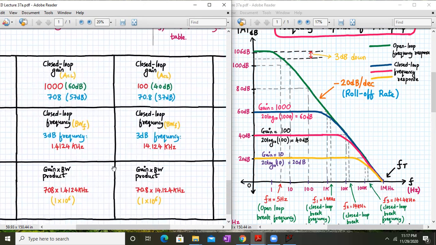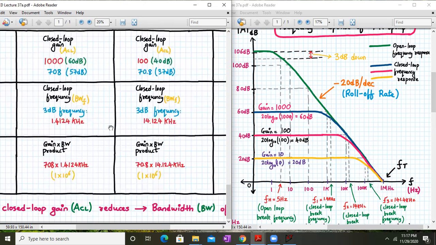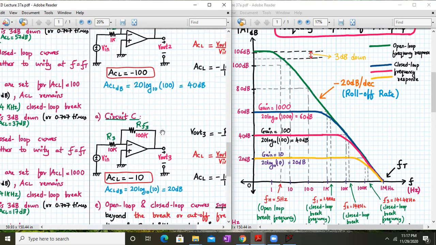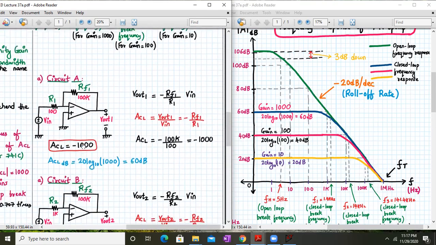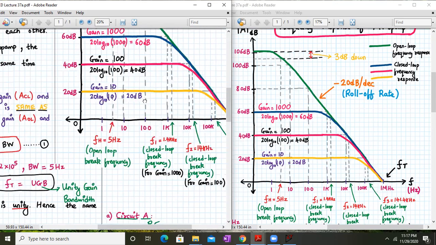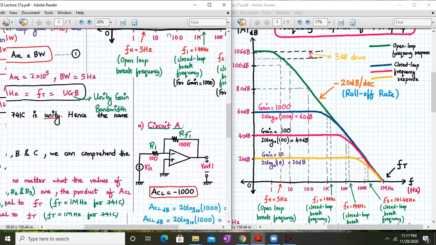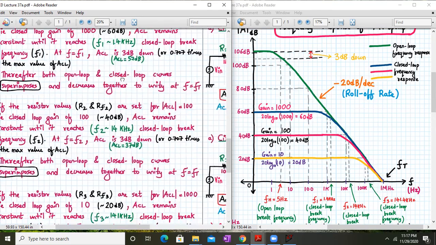Now let us see right now the closed loop gain. Let me cross check this once. It's 1.4 kilohertz.